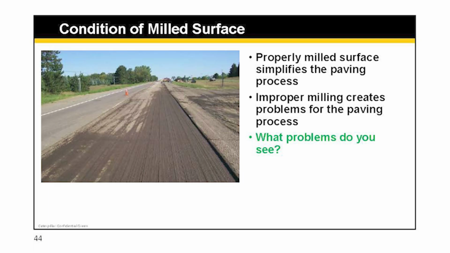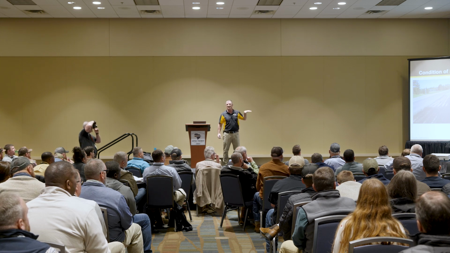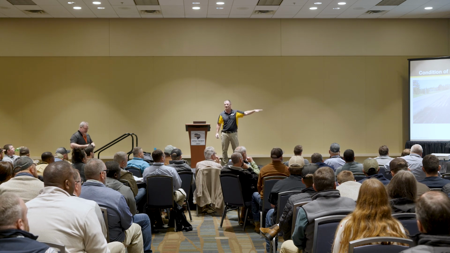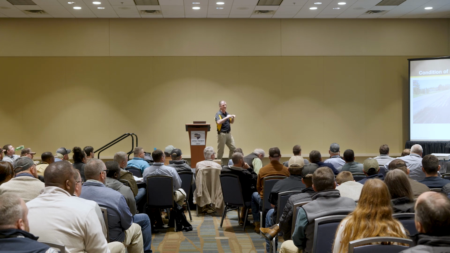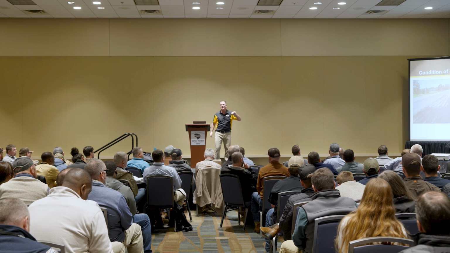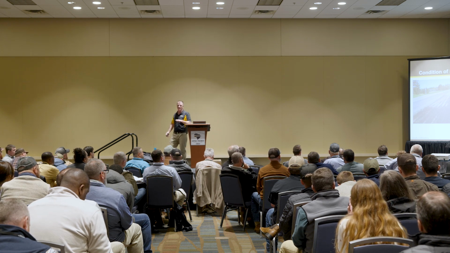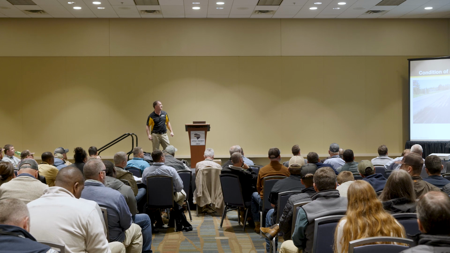So if I look at this milled surface, what do you see there? Uneven. Does it look like it goes high there, doesn't it? About midway in the picture, you can see a high spot. So that mill wasn't a consistent depth. It went along, and for whatever reason, maybe that tie-in or driveway coming in there, it went up higher, so we're going to have a different thickness there, right?